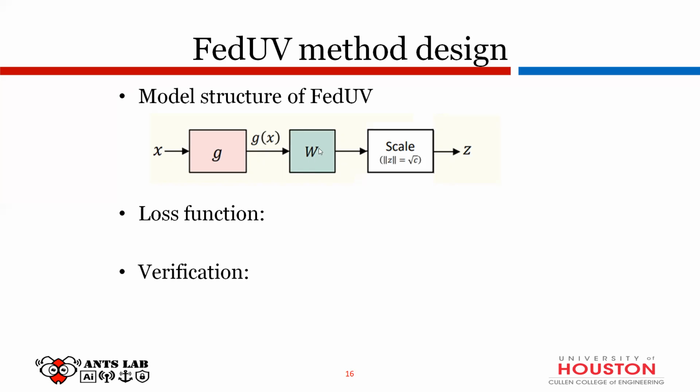W times the secret vector is equal to the secret embeddings, and this scale here is basically a concept of keeping the input norm at root C.